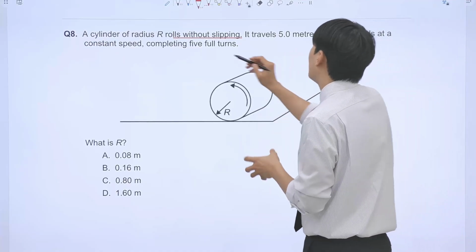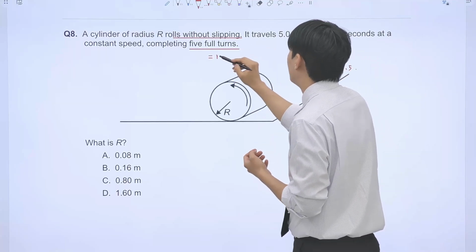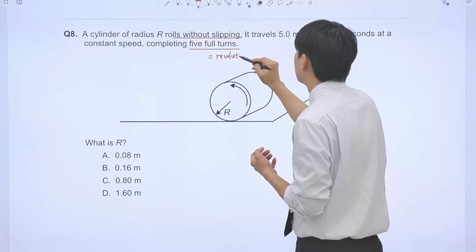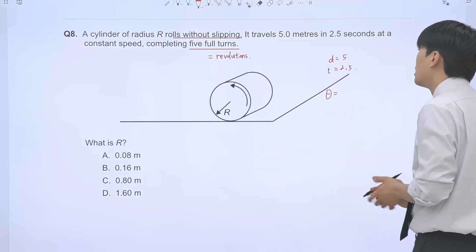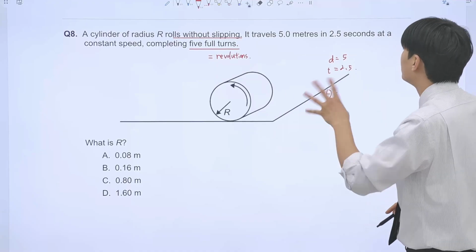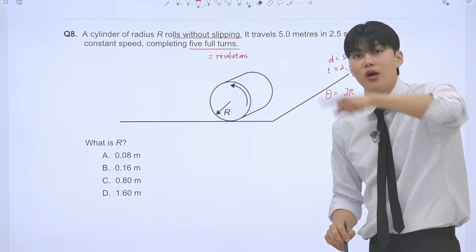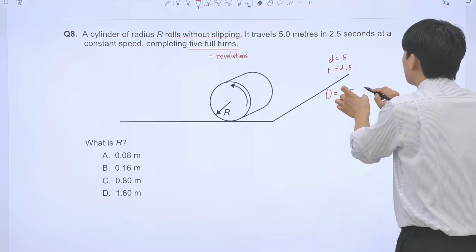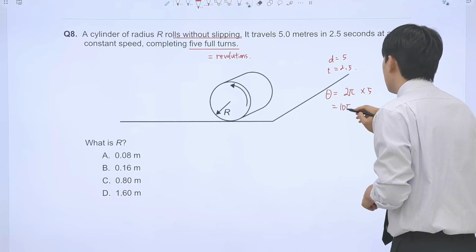Every time they have terms like 5 turns or revolutions, they are giving information about the angle theta. 1 full turn or revolution represents 2 pi radians, because that goes around once. So 2 pi radians times 5.